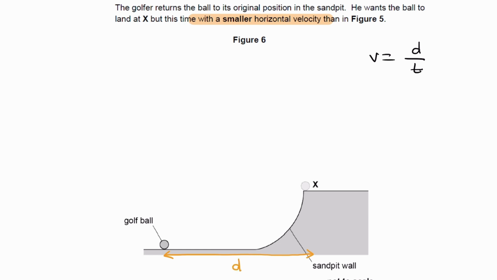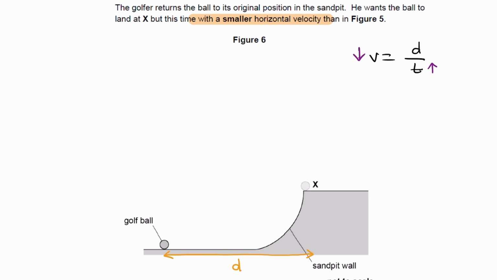We still want the ball to land in the same spot. So if we want our horizontal velocity to decrease, then we will want our time taken, time of flight, to increase. And if we want our time of flight to increase, the only way that we can do this is if we were to increase the vertical component of velocity.